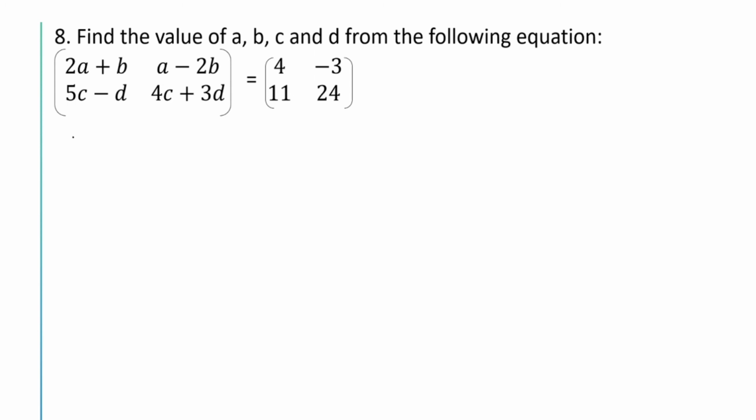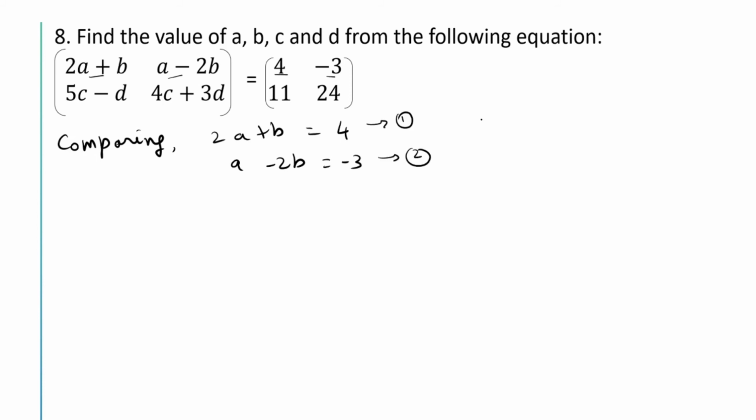So first, comparing 2a plus b equal to 4, that is the element in the first row first column, these two are equal. Then a minus 2b equal to minus 3, the element in the first row, second column, these two are equal.